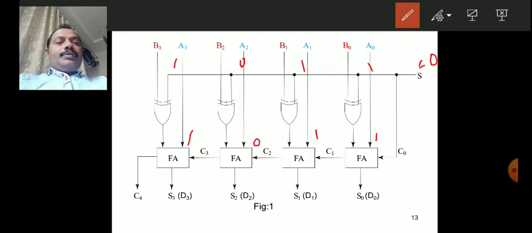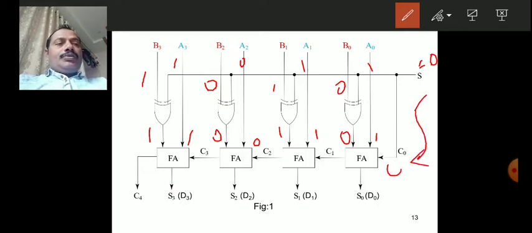Because S equals 0, the XOR gates act as buffers only. Hence the output bit is B only. Whatever the B value is, it produces that only. So 0, 1, 0, 1, and this carry bit here is 0.